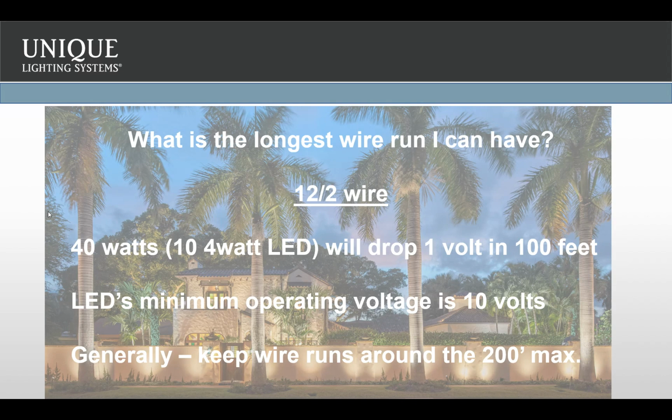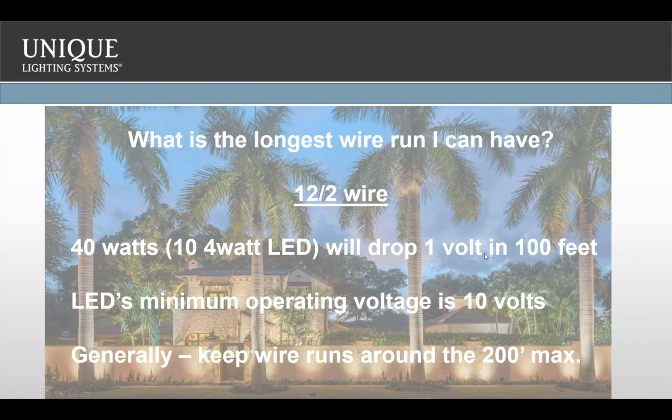And again, it all depends on distance and load, but here's a quick rule of thumb. If you took 40 watts, so basically 10 4-watt LEDs, the 4-watt LED is probably one of our most popular ones. If you were to put all those into a cluster, a hub type of deal, those 10 LEDs will drop 1 volt in 100 feet.